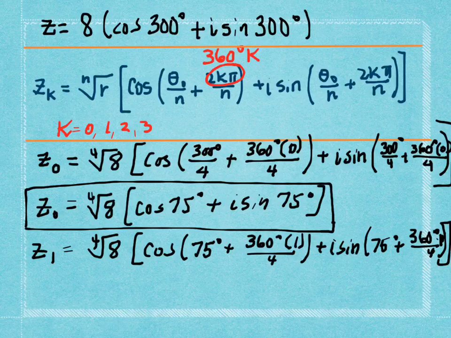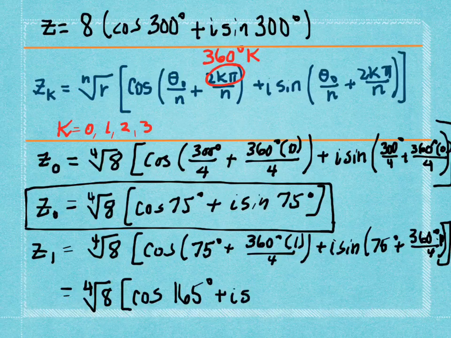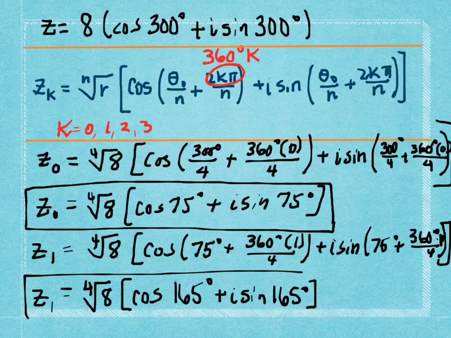All right, but what is 360 divided by 4? Well, it's 90, right? So I actually take my same angle I had before, 75, and I add 90 to it. So 75 plus 90 would be 165. So I have cosine of 165 plus I sine of 165. And that's z1. But pause with me for a moment before we actually go through this process again and really write down another angle measure.